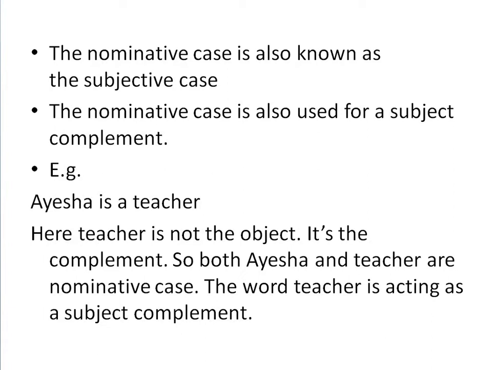For example, we have studied previously Aisha is a teacher. Here teacher is not the object. It's not receiving the action, it's actually completing the sentence, so it's a complement. Again, Aisha is the subject and is a noun, and teacher here is a subject complement.